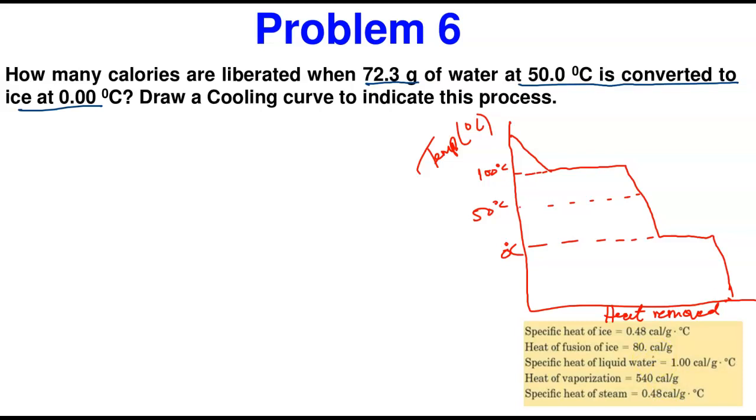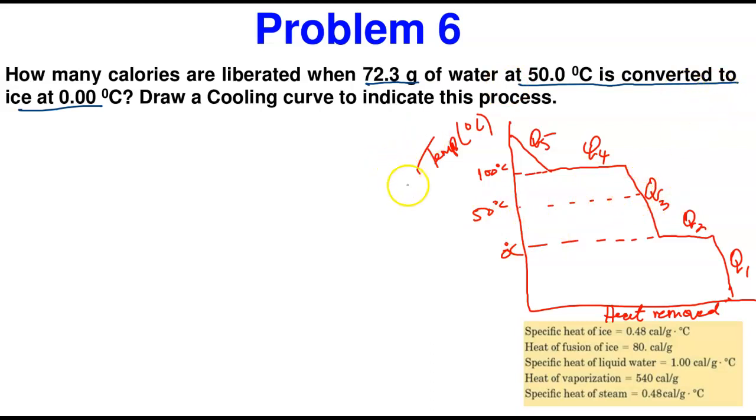I started labeling from Q1, Q2, Q3, Q4, and Q5. So what are we going to calculate? What's the question? It says, how many calories of heat are liberated when 72 grams of water at 50 degrees Celsius, we are dealing with Q3, is converted to what?